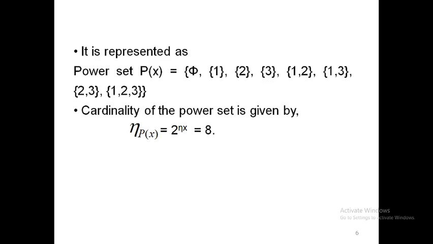What is the cardinality of the power set for that universe of discourse {A, B, C, D}? 2 power 4, which is equal to 16 possible combinations, which is the power set P of X. Like that you can find the cardinality of the power set P of X.